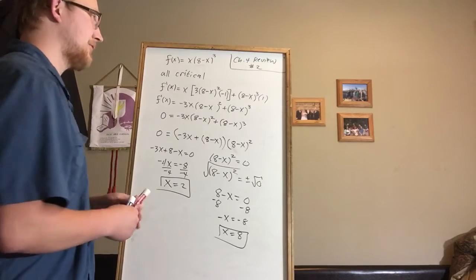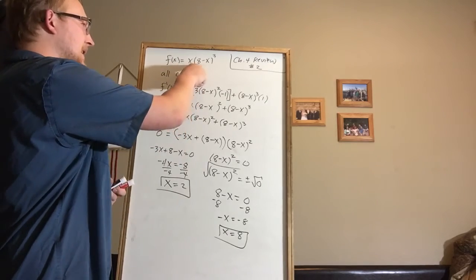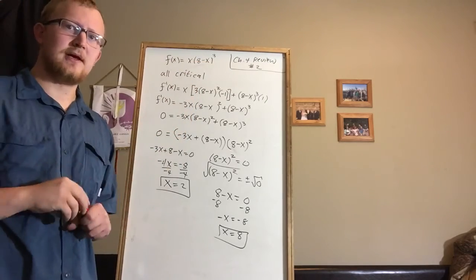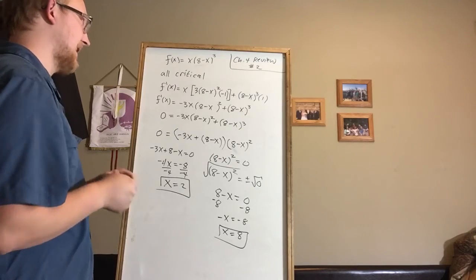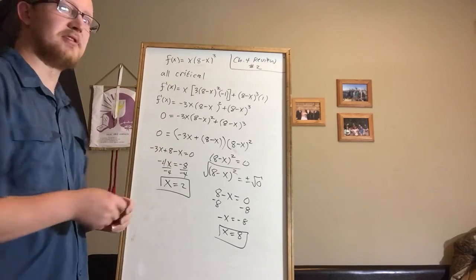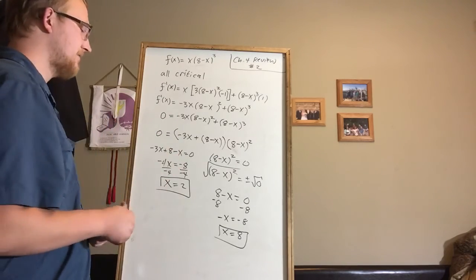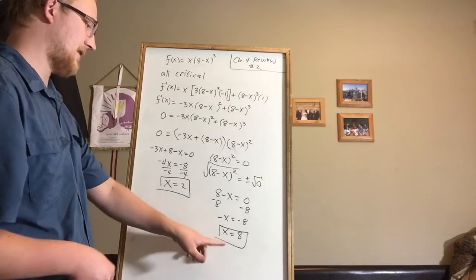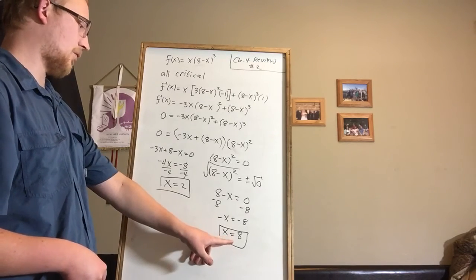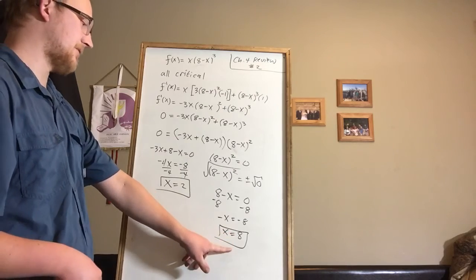You'll notice it's kind of interesting because this term here, 8 minus x, is cubed. That means it's actually taking up 3 of the zeros for the original graph, and it's also taking on quite a few of the zeros on the derivative.